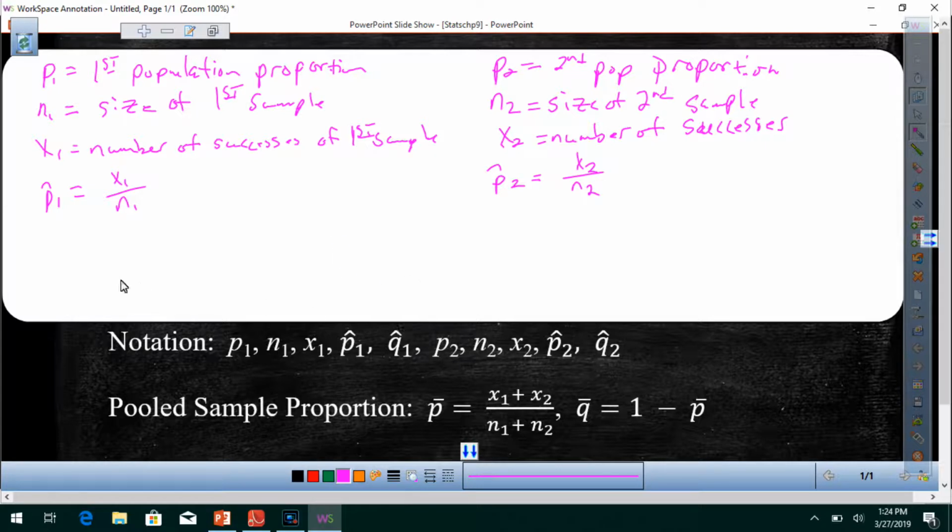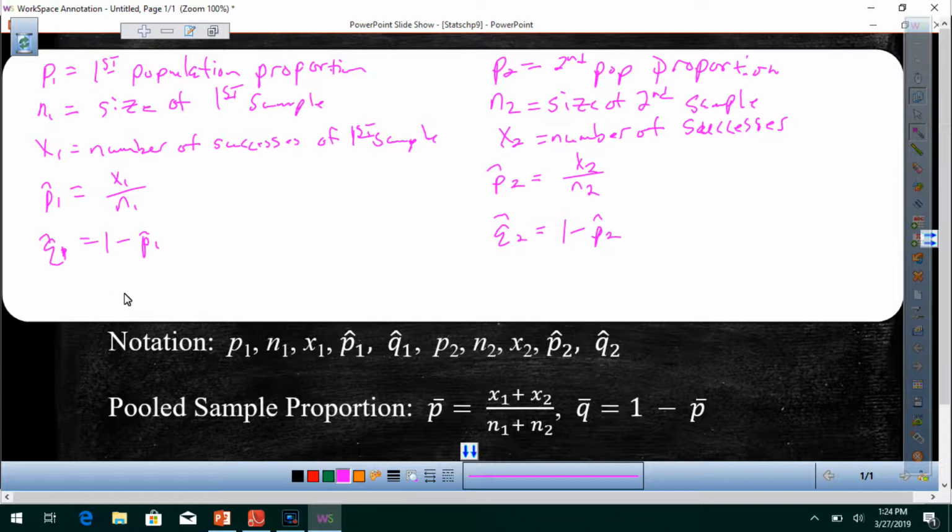And let's see, we got Q hat sub 1, and that's going to be 1 minus P hat sub 1. And then Q hat sub 2 is 1 minus P hat sub 2. All right, so that's the notation. We're going to use a pooled sample proportion.